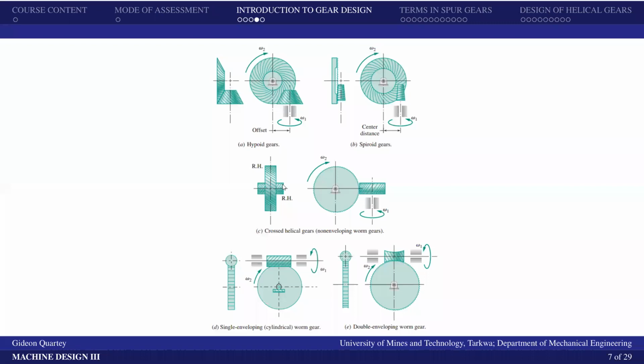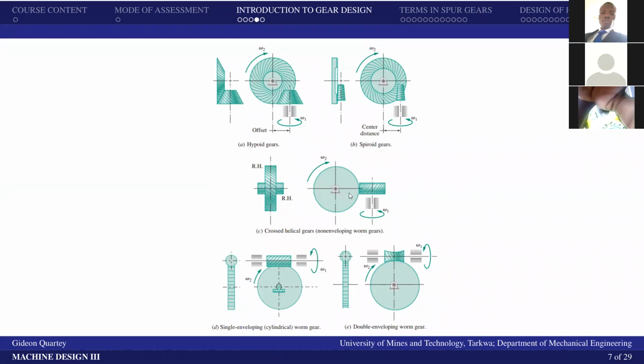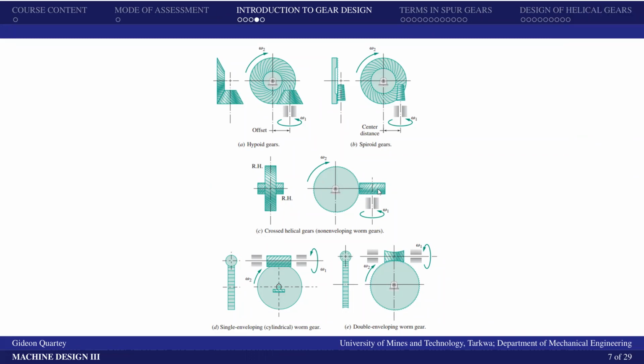If you look at the pinion and then the gear wheel, you realize that they are somehow overlapping, or they are crossing each other. If you look at it from the other side, this is how it appears. And you realize that the axis of the gear itself is not intersecting with the axis of the pinion.